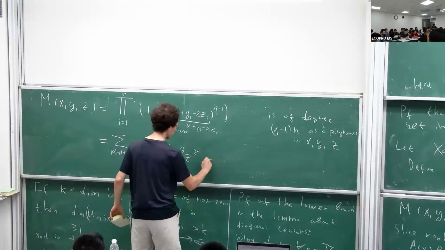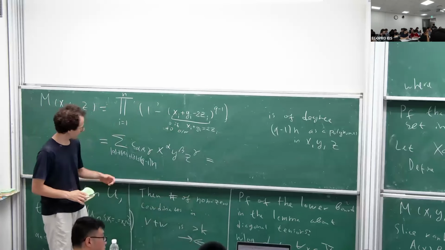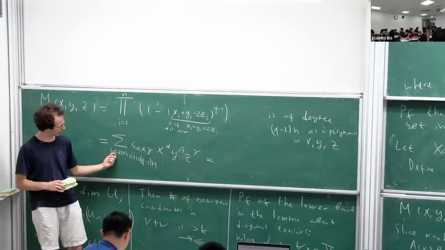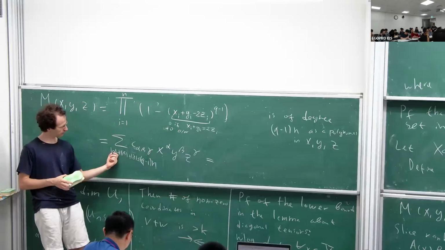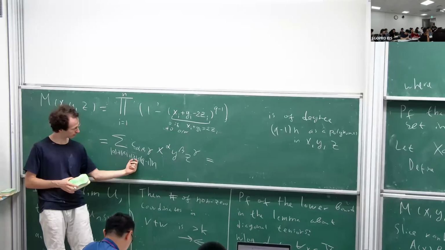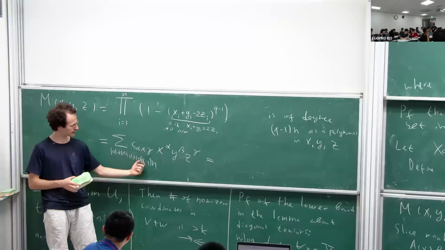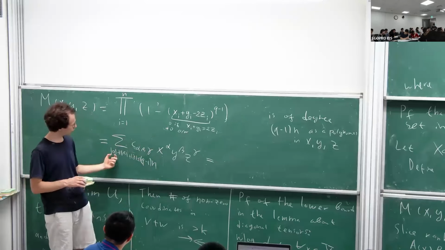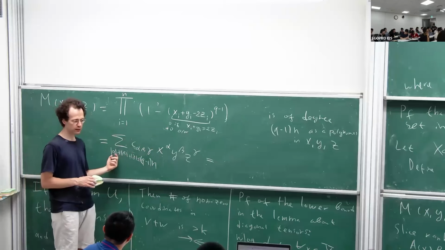Now, in each of the summands, either the weight of alpha or the weight of beta or the weight of gamma is at most a third of this number. So I will split the sum according to which of the three has small weight.